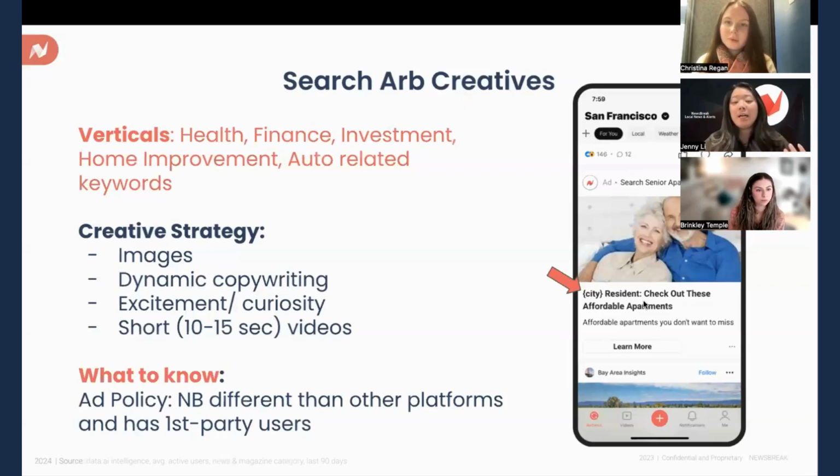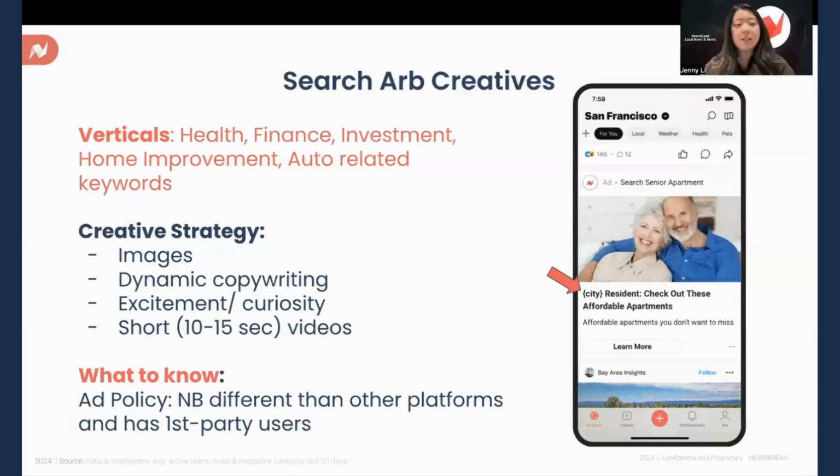So San Francisco resident, check out these affordable apartments. So once you click into that, you'll see a landing page that has a few links that say like apartment near you, affordable apartment near you, apartment in San Francisco, like all of these links. And usually then you will try to drive the user to click on one of those links to bring you to a second page. We call that an AFD feed.